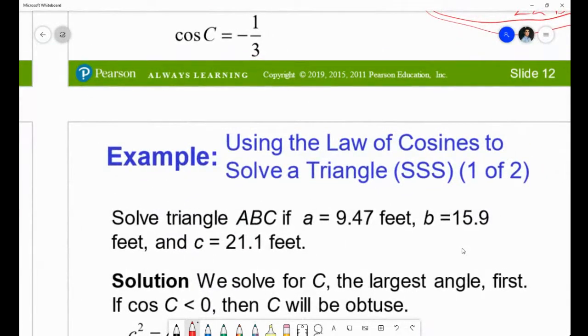All right, so go ahead and solve for this example. Remember that we need to solve for the largest angle first.